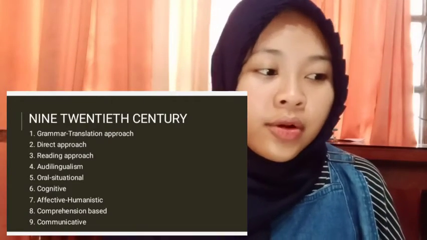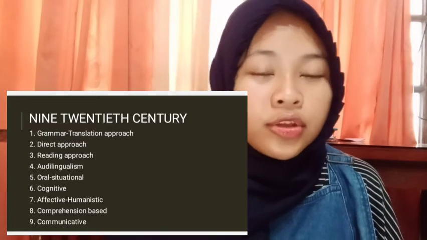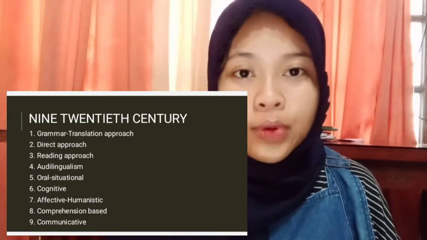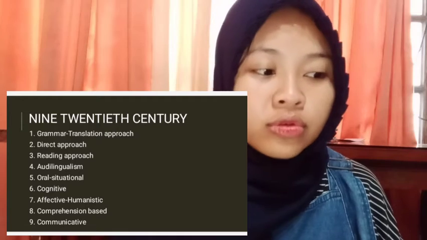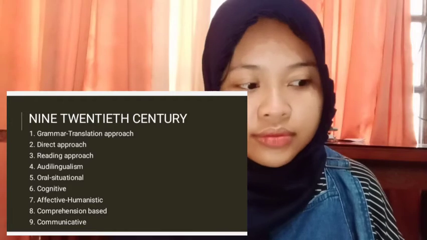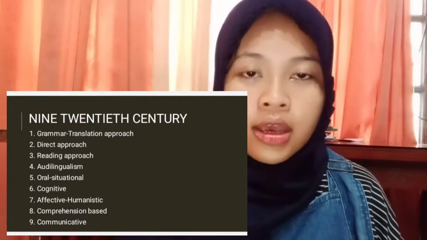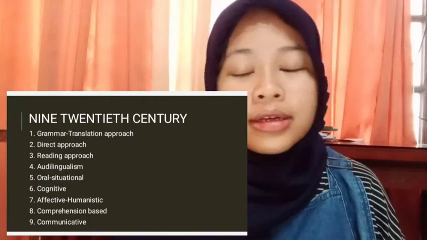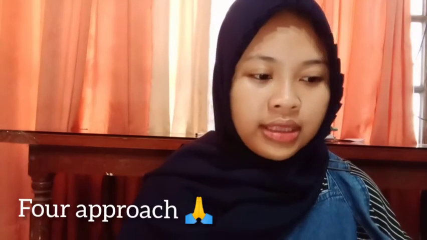The first, grammar translation approach, direct approach, reading approach, audiolingualism, oral situational, cognitive, affective humanistic, comprehension based, and the last, communicative. But in this video, I will not discuss all the approaches, but I will discuss three approaches.